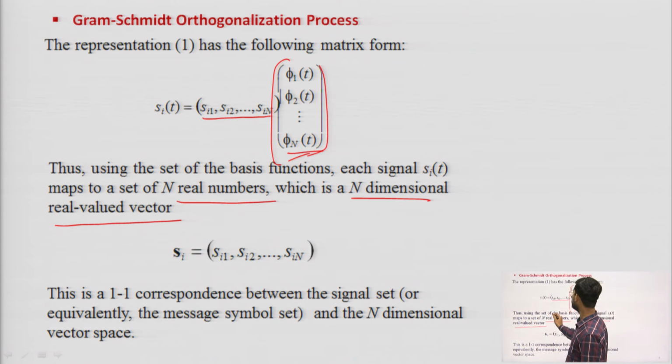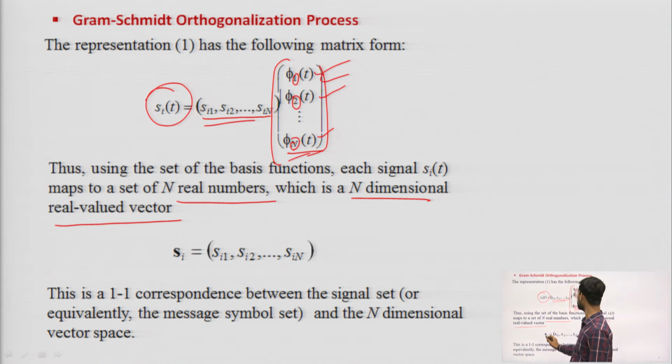Again, using the set of basis functions, each signal Si t maps to a set of n real numbers, which is an n dimensional real valued vector Si equal to Si1, Si2 up to Sin.